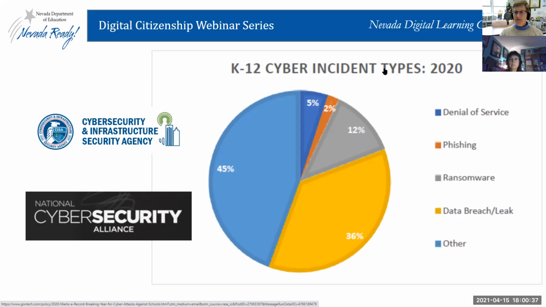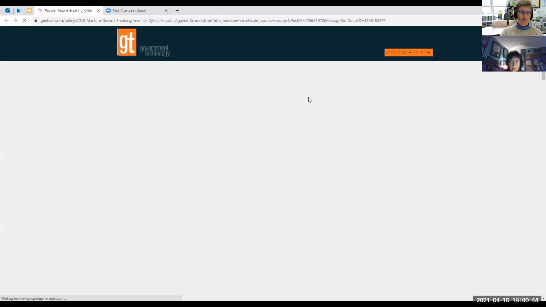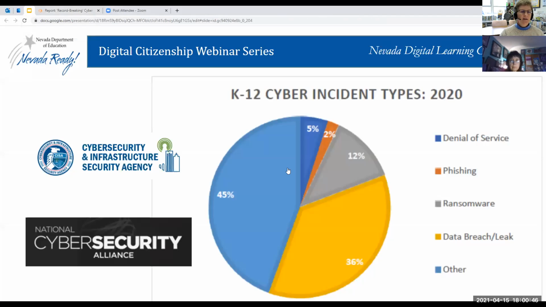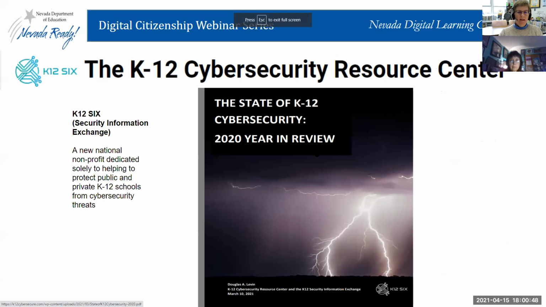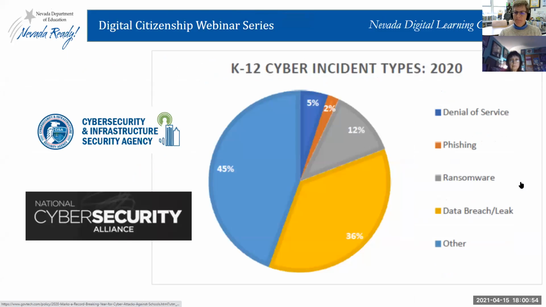These incident types, I actually took this screenshot out of the previous slide's resource. Out of this. So if you are interested in learning more about that, you can certainly go back to this. So I just wanted you to see kind of what was happening just in K12 last year.